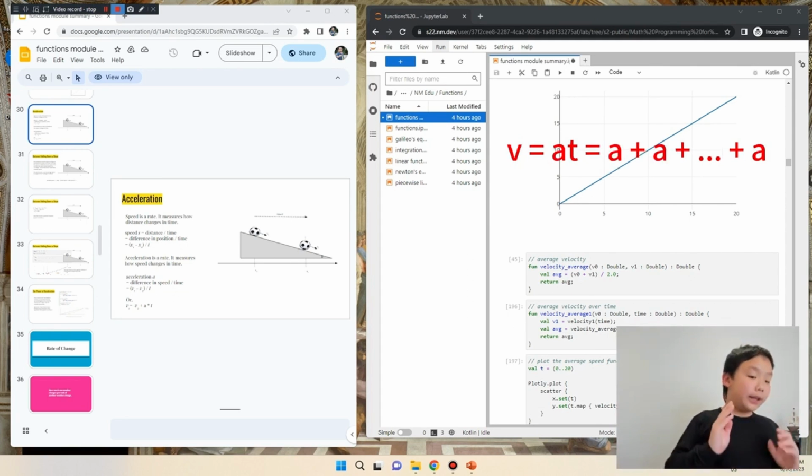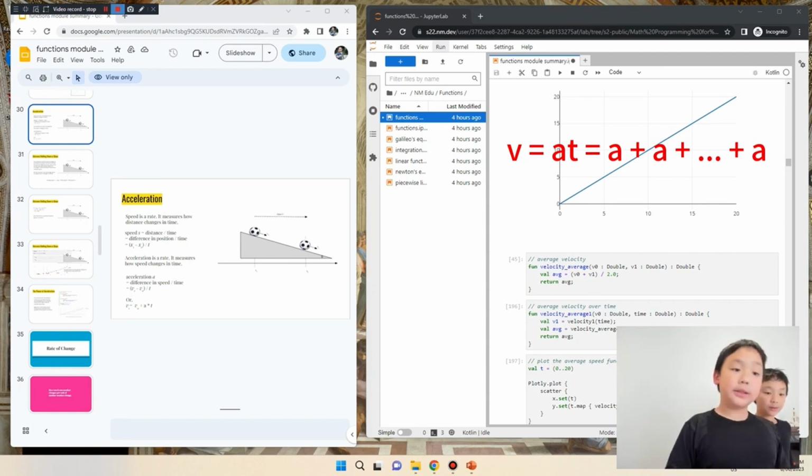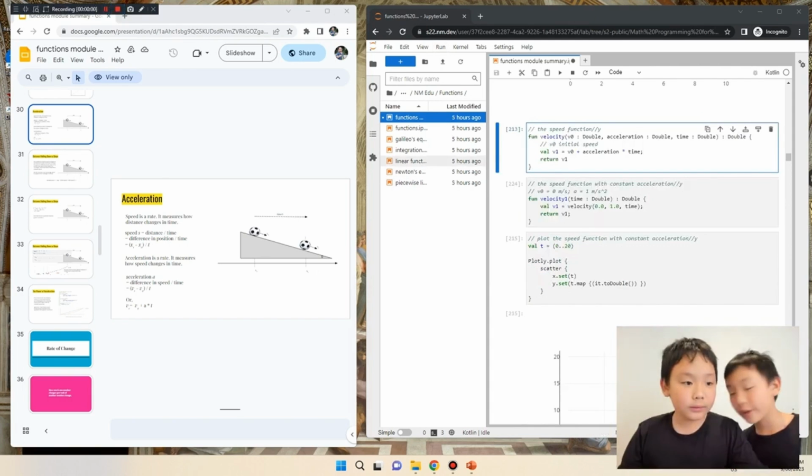Likewise, V equals A times T, which is A plus A plus A plus A, T times. This is also why the accumulation of A is equal to V.